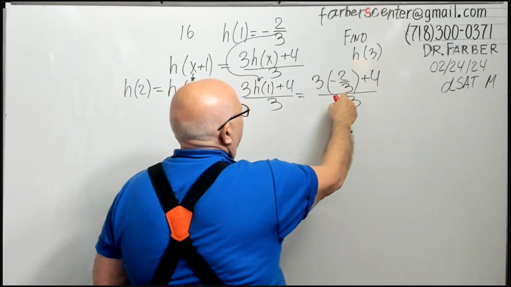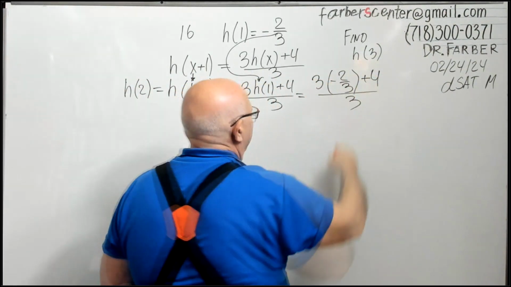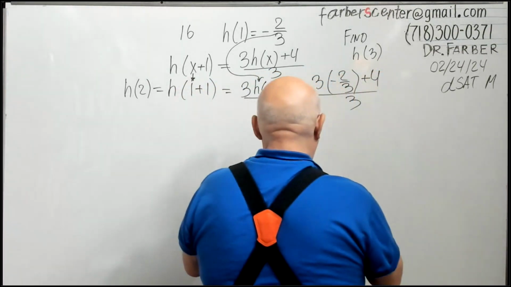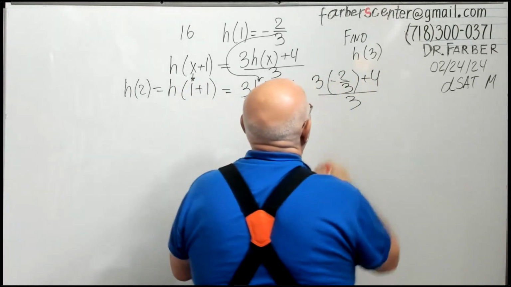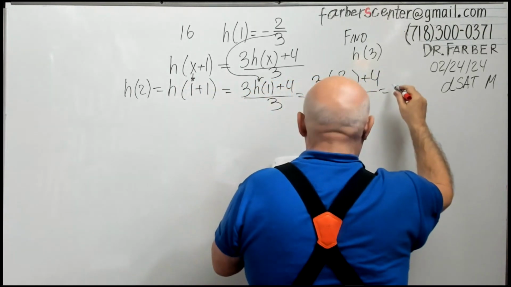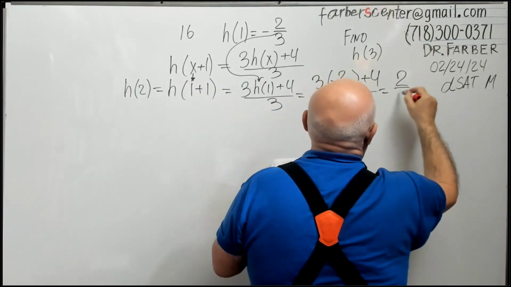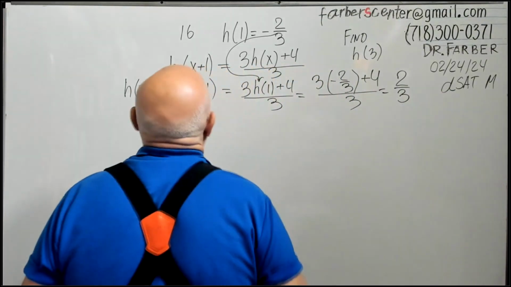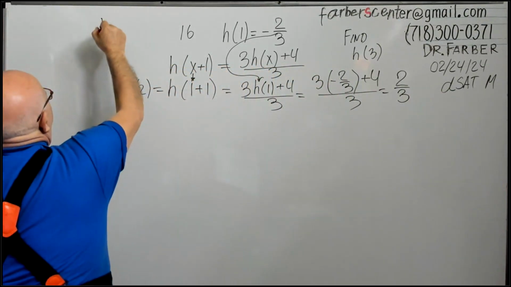The 3s cancel out. Negative 2 plus 4 is 2 over 3. So 2 over 3 is my h of 2.